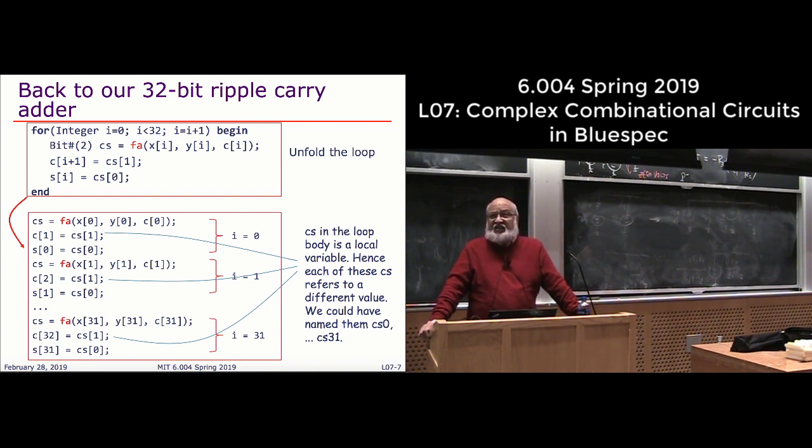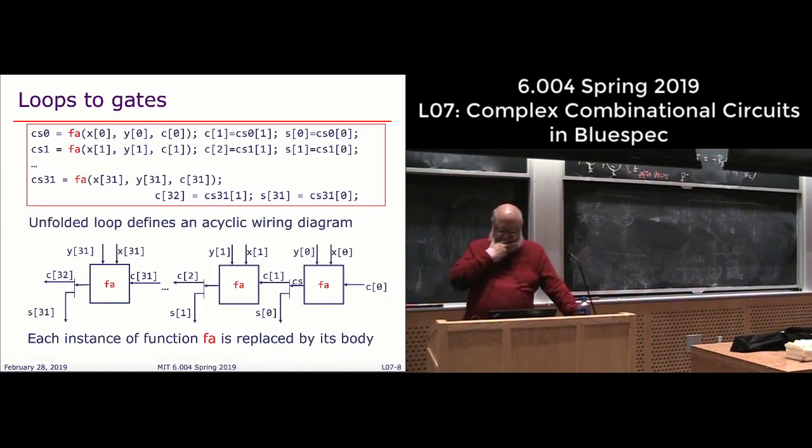Does everybody understand that CS was a local variable in the loop body, and when I start copying it, every time essentially I'm getting a new copy of CS. So CS0, CS1, CS2, CS3. Now, such a picture is guaranteed to define an acyclic graph for you.